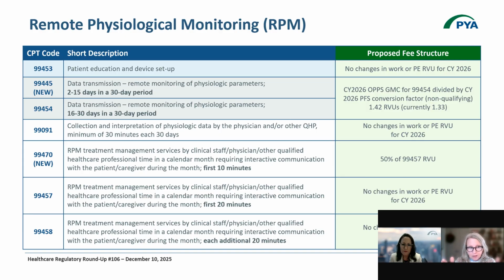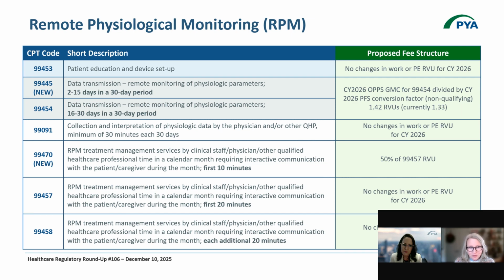So in a 30-day period, you've collected at least 16 days of data regarding the beneficiary. That was problematic because in many instances, the patients don't report the information or they don't stand on the weight scale so they can transmit the data to the practitioner. So last year, CPT created the new code that would provide reimbursement when monitoring and receiving only 2 to 15 days of data. And so CMS here in 2026 is adopting 99445.